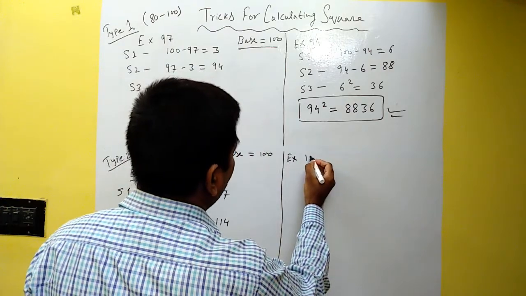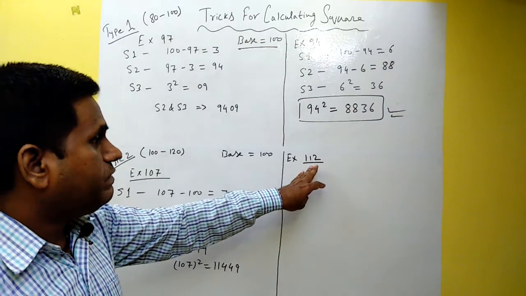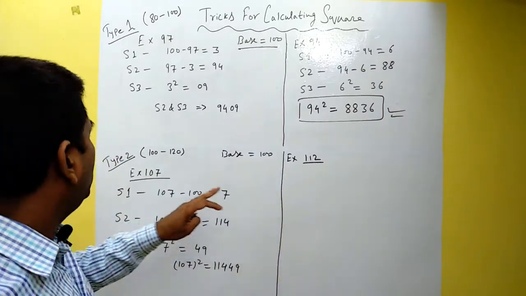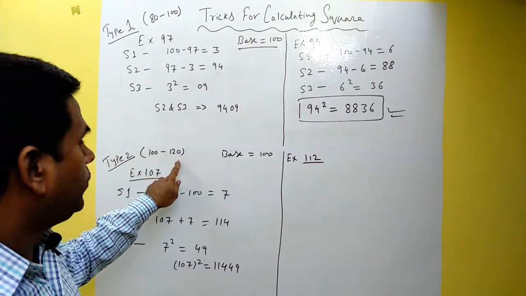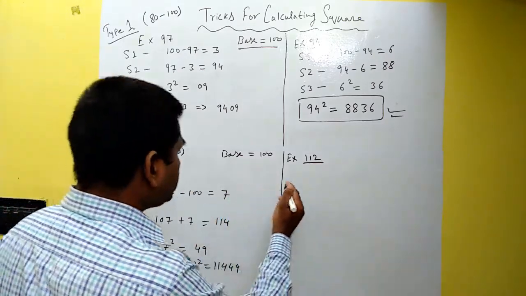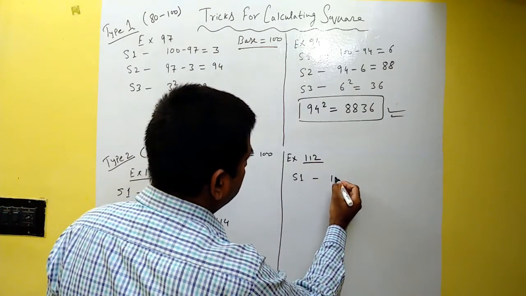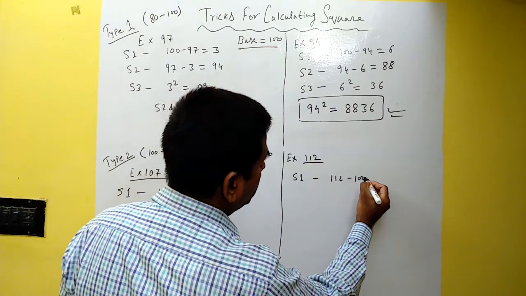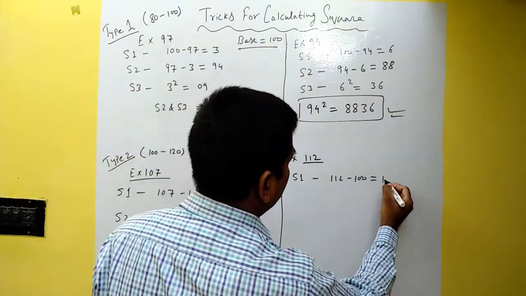I will take 112. We will find the square of 112 using this type 2, because it comes under 100 to 120. Same way, step 1: 112 minus 100 gives us 12.